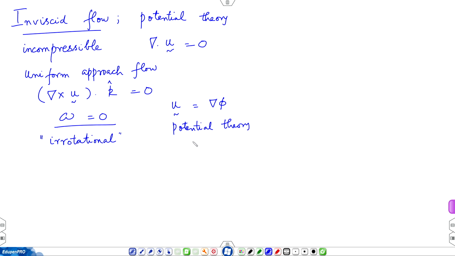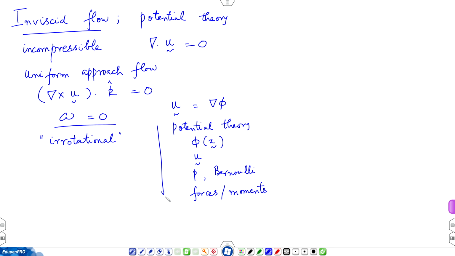It also suggests that we find phi, find u, and pressure from Bernoulli's equation, followed by forces and moments.